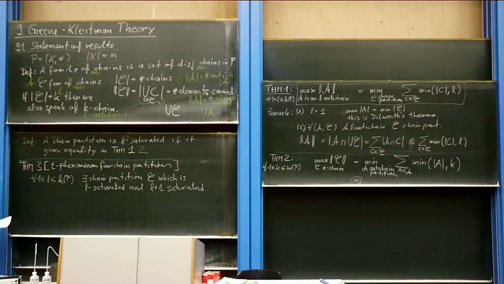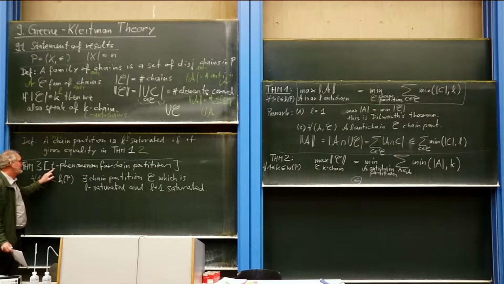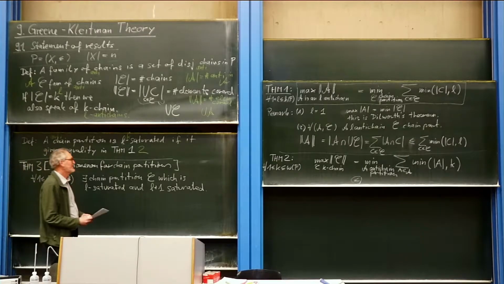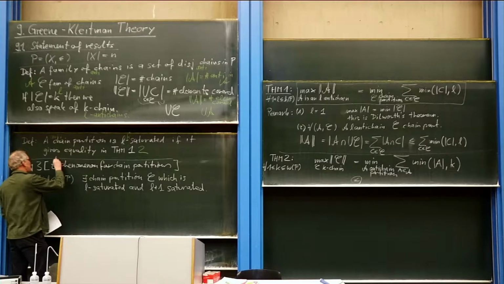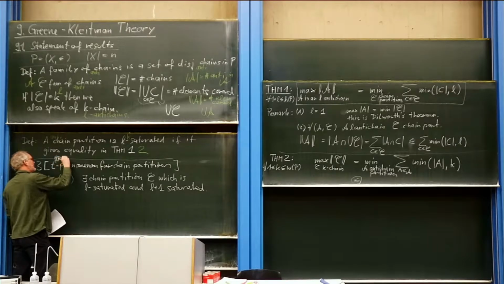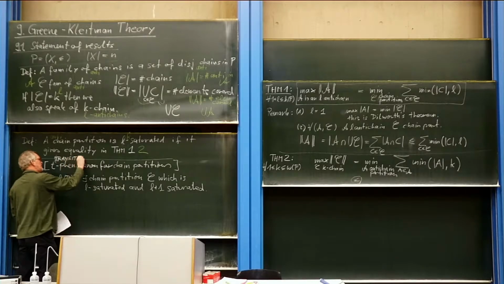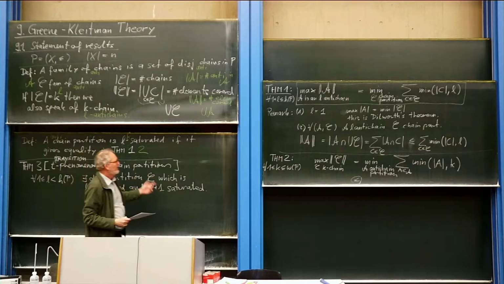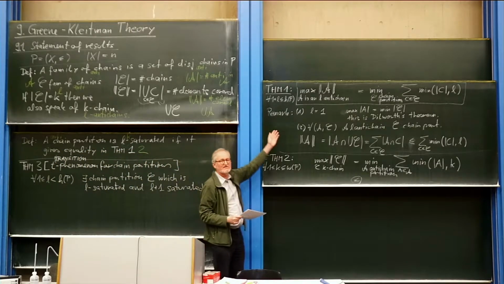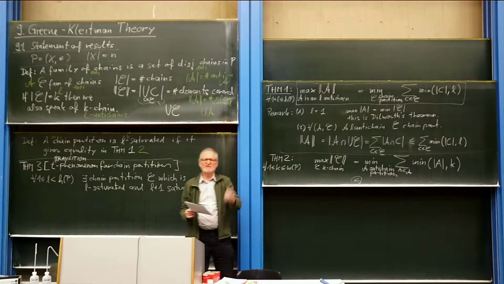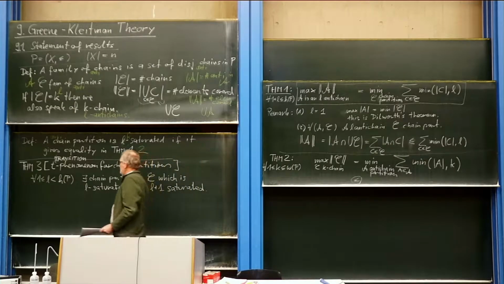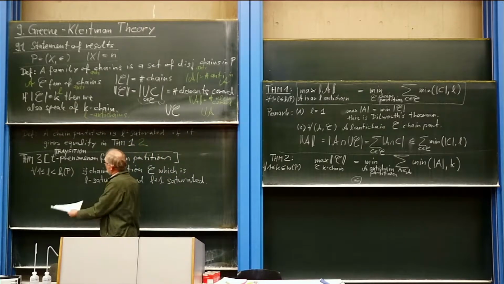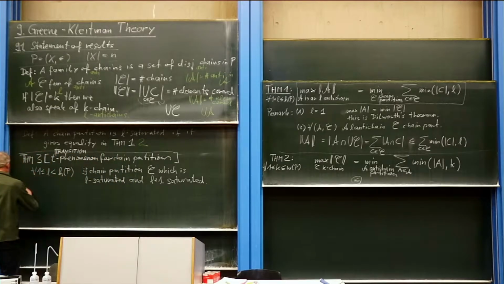And you may ask yourself, what does the T mean? T is a shortcut for transition. So you can always go from one instance of the theorem to the next if you have picked the right chain partition.